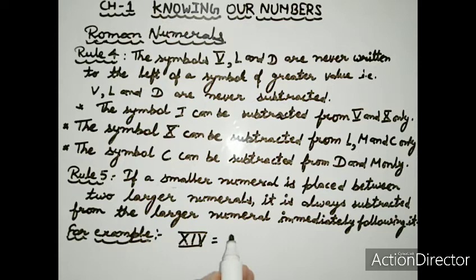So here we write 10, X means 10 here, plus V means 5 minus I means 1. Then we write 14. 10 plus 5 minus 1 is 4, 10 plus 4 is 14.